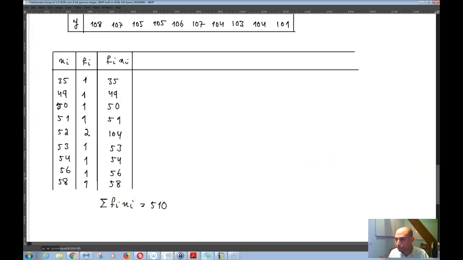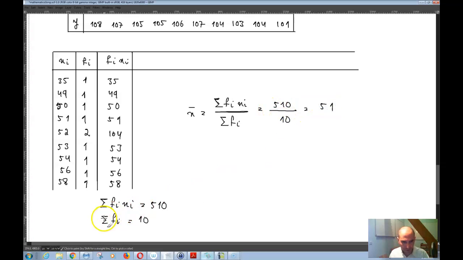And I know that sigma f of i here is equal to 1, 1, 1, and so 1, 2, 3, 4, 6, 7, 8, 9, and 10. Now x bar is equal to sigma f of i x of i over sigma f of i, which is equal to 510 over 10, which is equal to 51. So x bar is equal to 51 in this case.